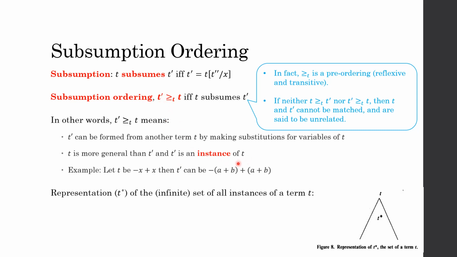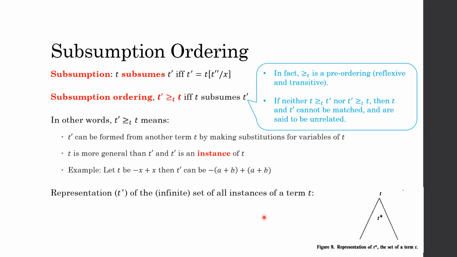The conclusion is that t is more general than t prime, and whenever you write this, t prime is greater than or equals to t. t prime is more complex compared to t, but it is just obtained by making substitutions of variables of t. By the way, in fact this is a pre-ordering, and if neither relation holds, then they are unrelated, but we're not going into that.